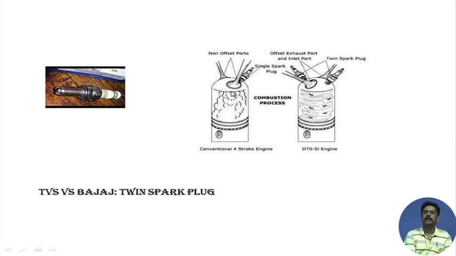So, that is a spark plug, then you have to differentiate the patent claims of TVS, and you have to distinguish the Bajaj spark plug from the TVS spark plug nicely, component wise, as you are technologists or engineers.